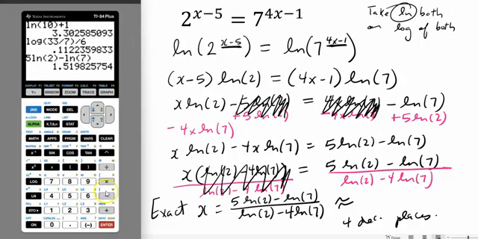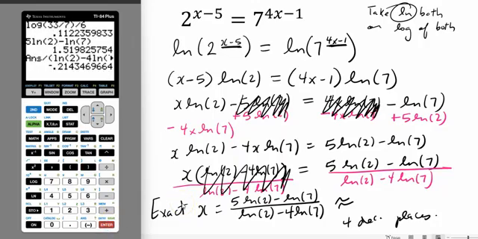That's my numerator. Then I'm going to press divided by, but now that entire denominator has to be enclosed in parentheses. So parentheses ln of 2 minus 4 times ln of 7, close parentheses for ln, close parentheses for the denominator. Now I press enter.